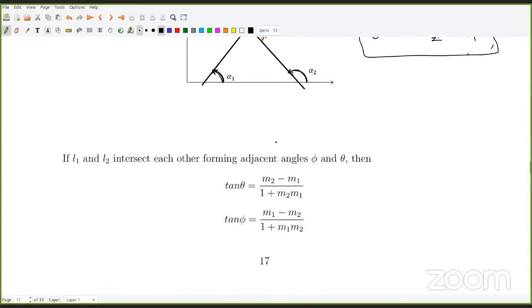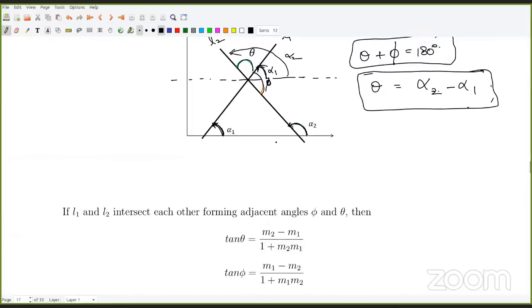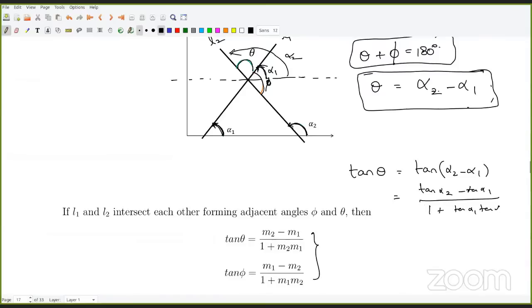So once you have alpha 2 minus alpha 1, you just find tan theta. So tan theta is nothing but tan of alpha 2 minus alpha 1. If you know the tan formulas, it's okay. If you don't know the tan formulas, don't worry, you just remember these formulas. So this will be tan alpha 2 minus tan alpha 1 divided by 1 plus tan alpha 1 tan alpha 2.